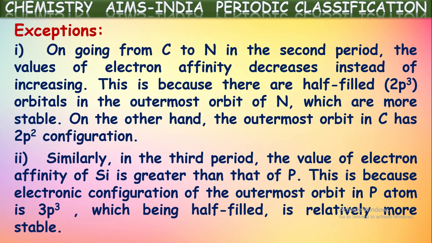It has a 3p3 configuration, meaning the p subshell is half-filled, so it attains some extra stability and hence shows less interest in gaining electrons. Thus, electron affinity is lower. In this way, because of half-filled electronic configuration, these fifth group elements like nitrogen and phosphorus have lower electron affinity values than fourth group elements.